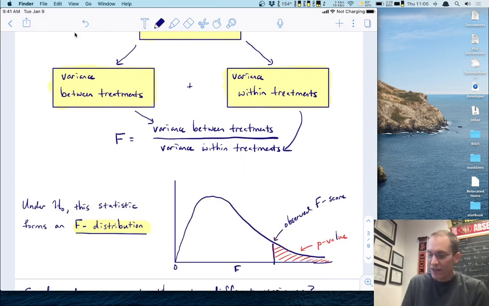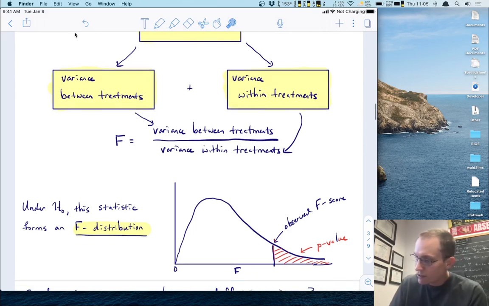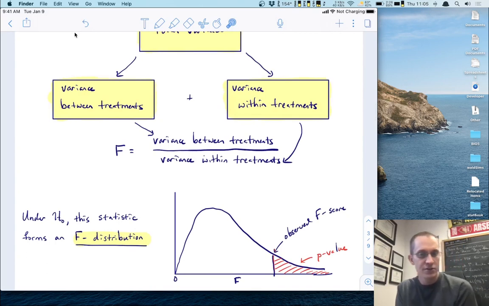Namely, that under the null hypothesis, that statistic forms what's called an F distribution, and it looks like this thing right here. So it gives us a sampling distribution that we can then compute the likelihood of observed data on under the null hypothesis, just like a normal distribution or a t distribution. This new distribution is now the F distribution, and it is what we are going to use.